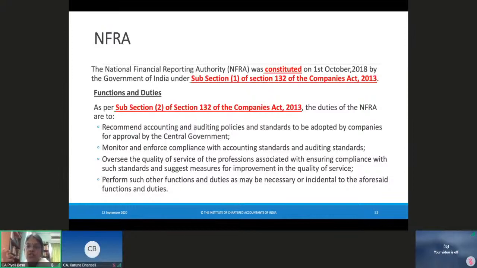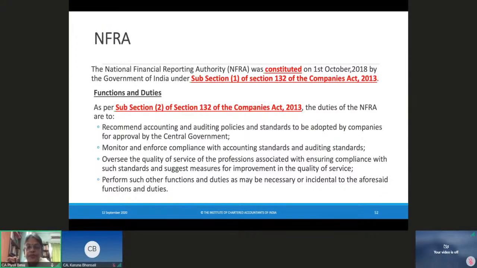To recommend accounting and auditing policies and standards to be adopted by companies for approval by the central government, as pronounced by ICAI, and to monitor and enforce compliance with auditing and accounting standards for certain companies, not for all. There is a threshold.